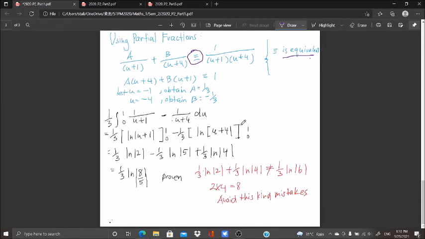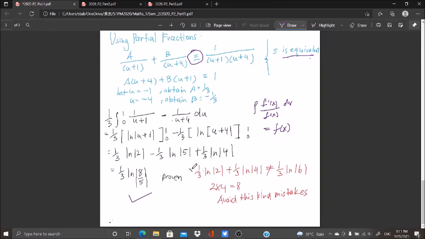This one also uses the integration of ln properties, which means the integration of f prime x divided by f x will eventually give back ln f x using this property. So solving this question, we will finally get 1/3 ln 8 over 5.